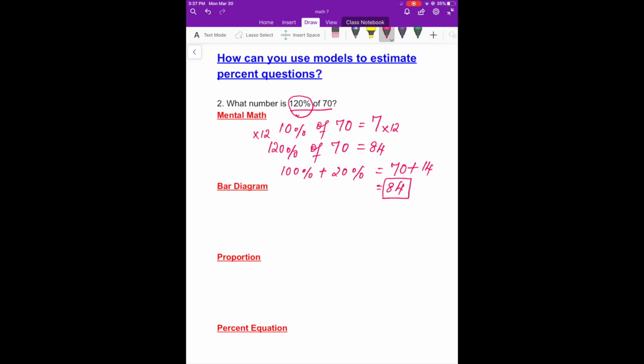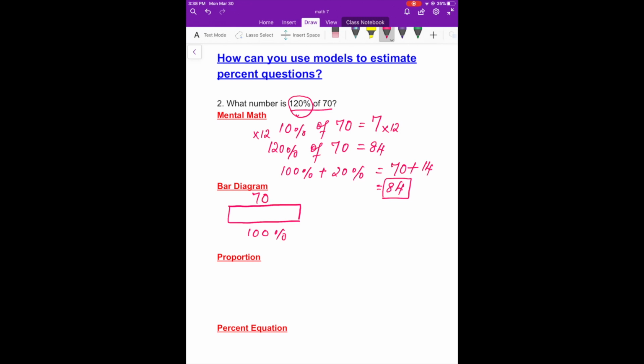So you should have an idea of a reasonable answer, so you can always look back and check. And the bar diagram will be one whole, that is 100%, and 100% is 70.